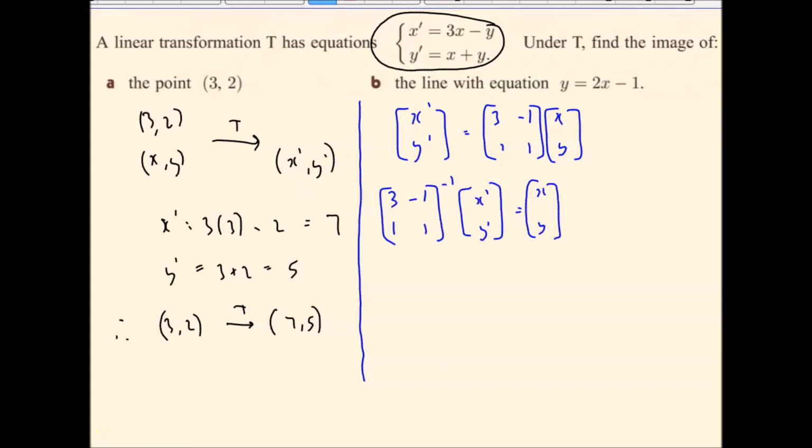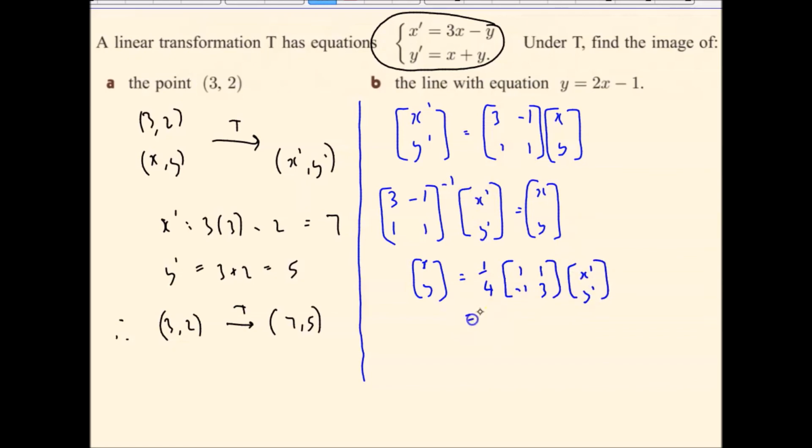which gives us this. So now, if I were to work out (x, y), the 2 by 1 matrix, I've got the determinant is going to be 3 take negative 1, so I have 1 on 4. Then I swap this diagonal here, so the 1 and 3, and I change the sign on this diagonal, so 1 and negative 1, and that's multiplying by (x dash, y dash).